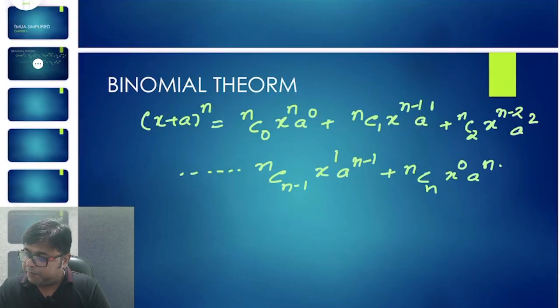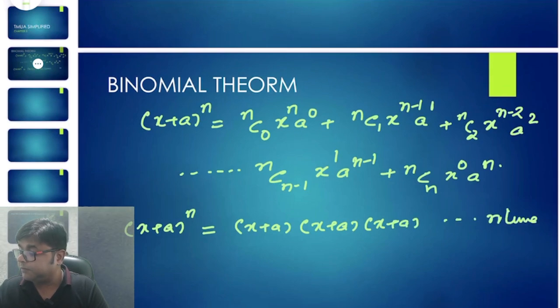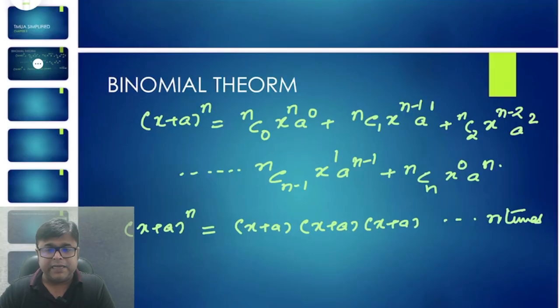Now x plus a to the power n means x plus a into x plus a into x plus a, how many times? n times. There are n brackets x plus a.